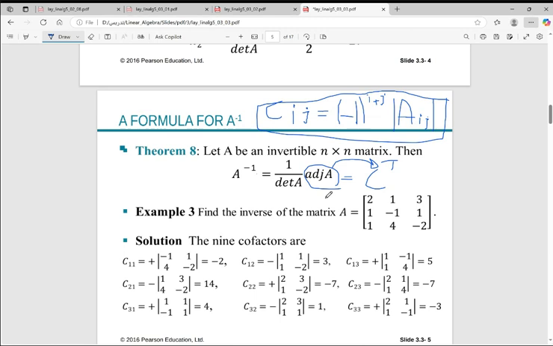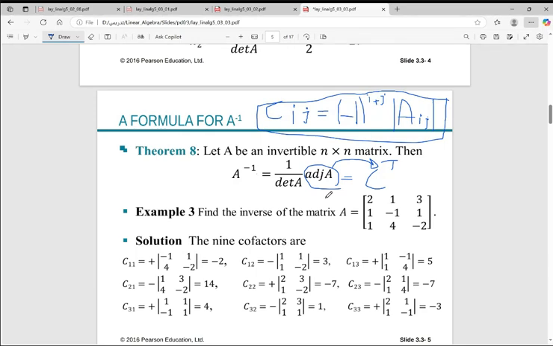You already knew a method to compute A minus 1. What was that method? That method was based on the fact that those row operations that convert A into I, the same operations convert I into A minus 1. If you remember, we had this method to compute A minus 1.